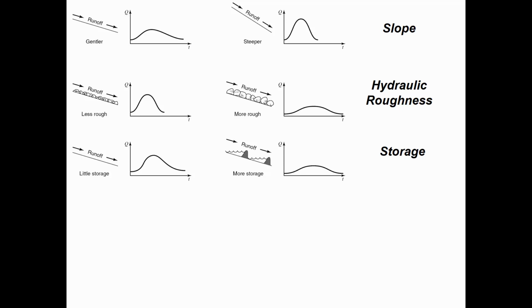So it's not that one storage is filled and then it all goes to the next one and then it's empty. It's kind of like a chain where each of these pools is going to drain slowly.